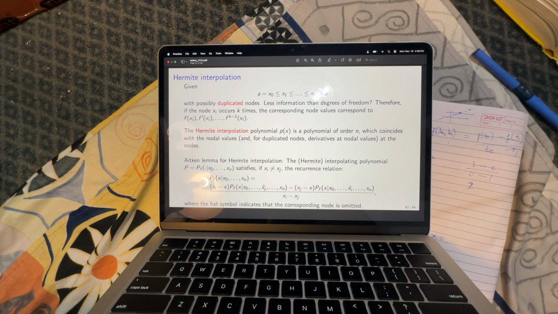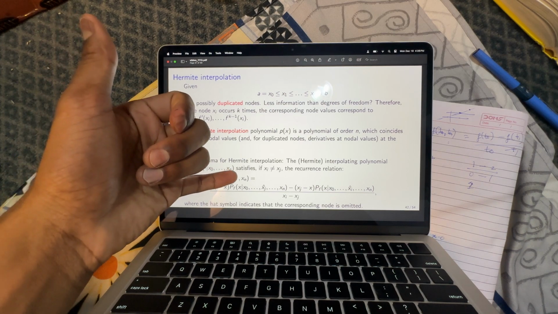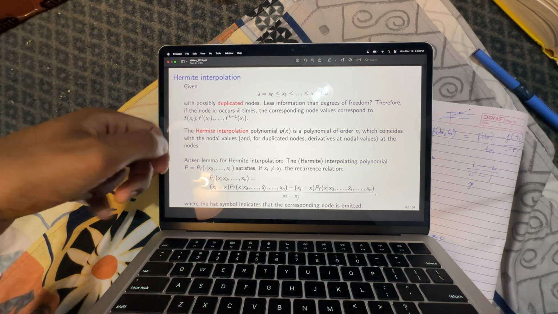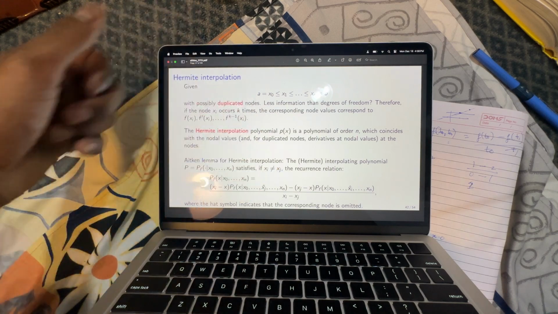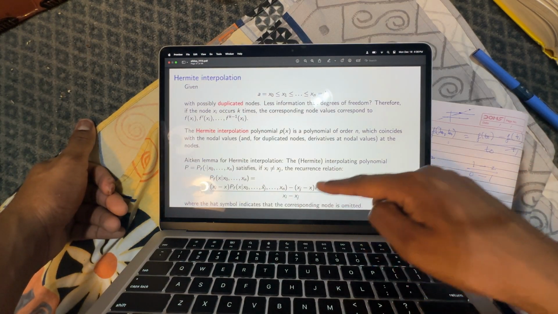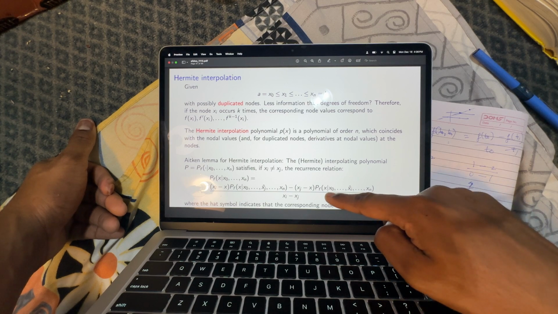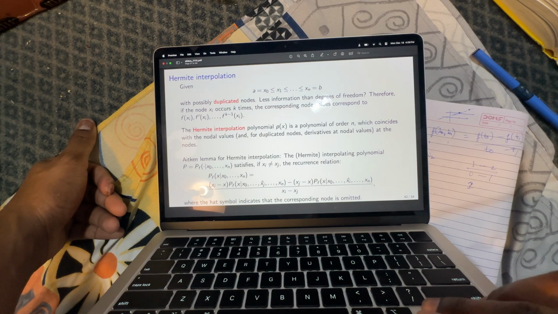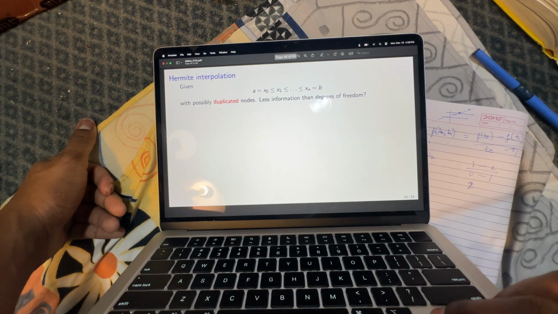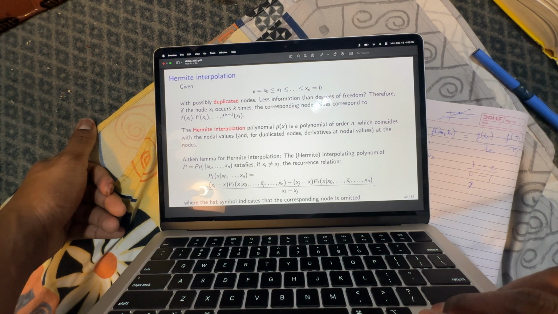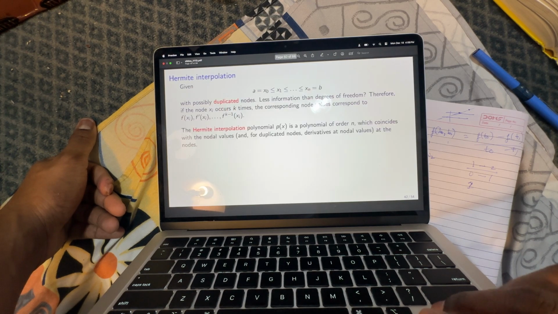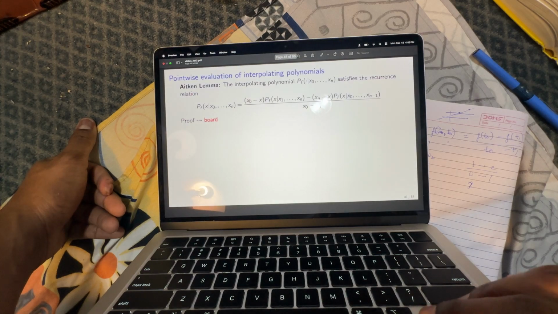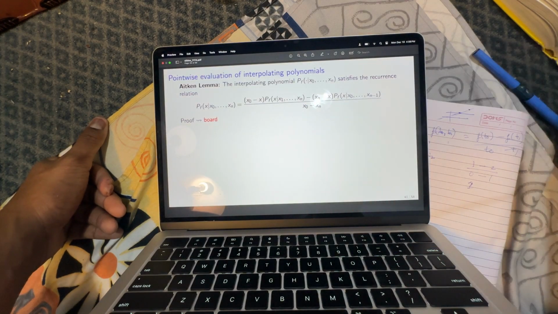No, I should not say 0 then. For x equals xi, this is whatever the interpolant is at xi. This goes to 0. X equals xi, these cancel. And this will not be f of xi because it's not interpolating at f of xi, right? It's like same here. Aitken lemma.